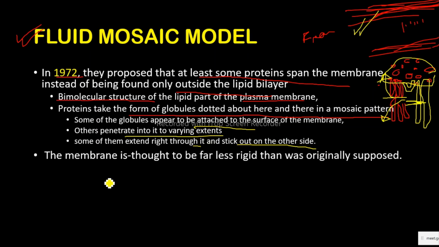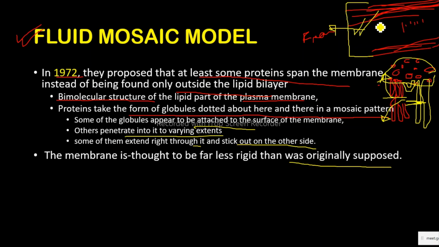So the membrane is now thought to be far less rigid than it was originally supposed. Based on Daniel and Davson, their membrane was rigid. And actually, even before these guys, they thought a cell is surrounded by some rigid structure that isolates the internal from the outside.